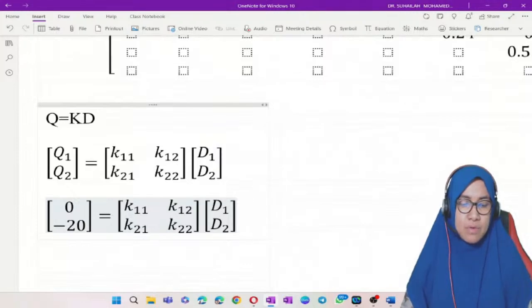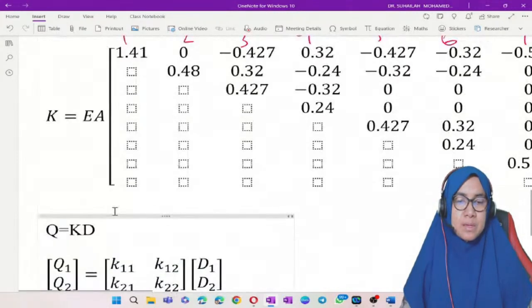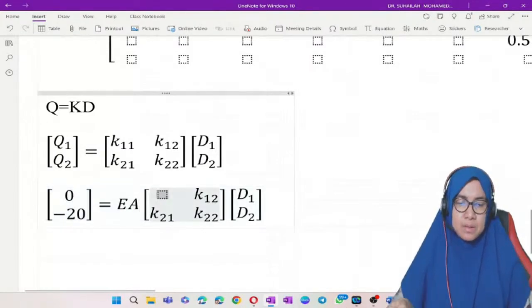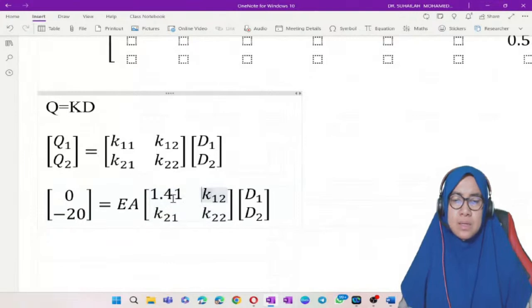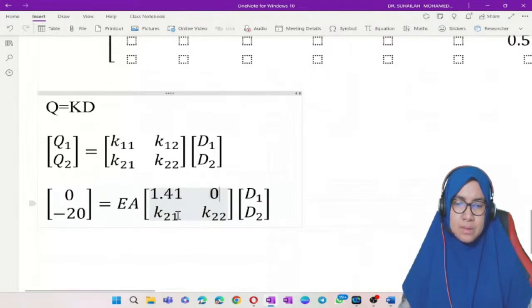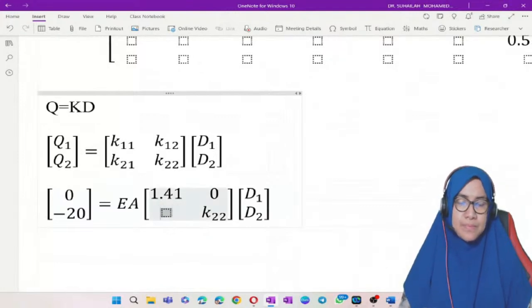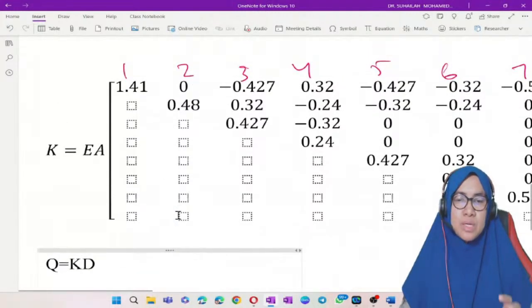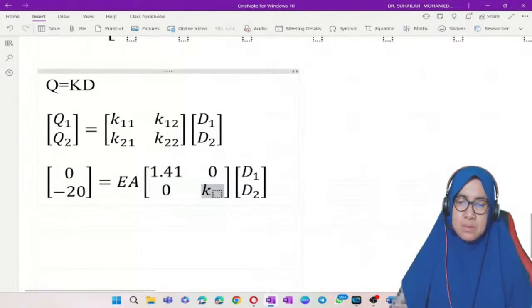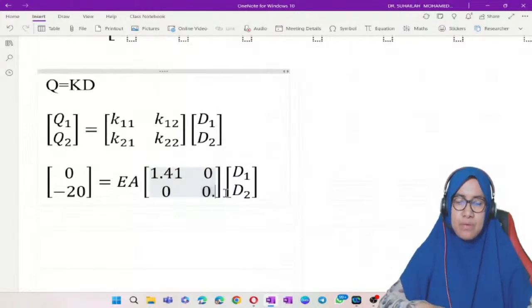It is 1.41. K12 is 0, K21, position 21, is also 0, and position 2 is 0.48.